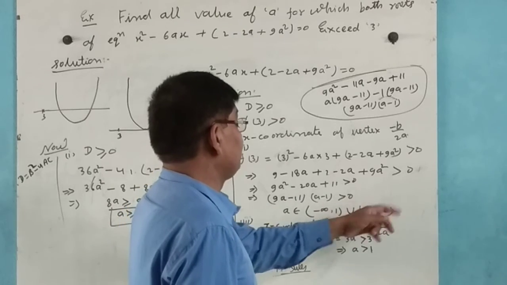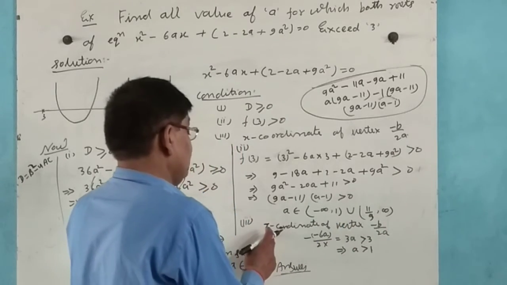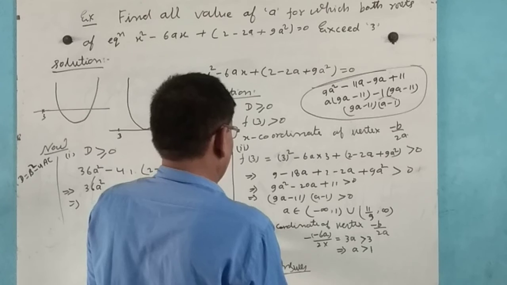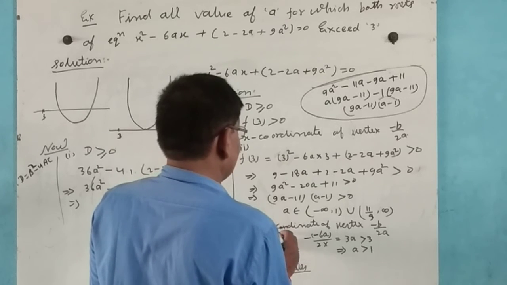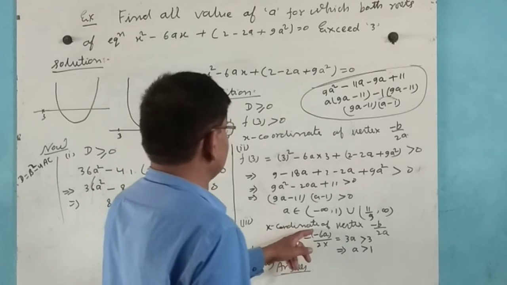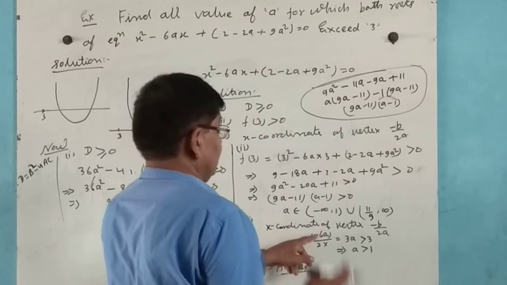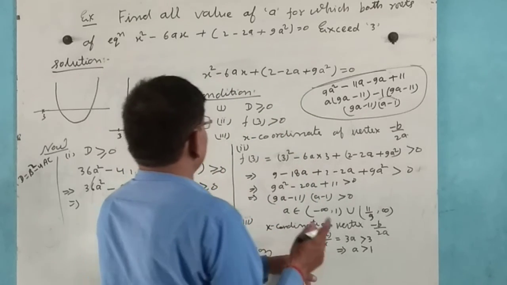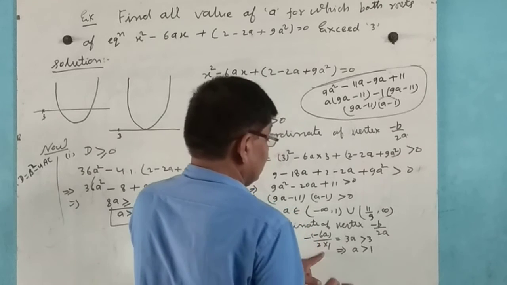11 by 9 to plus infinity. And now third condition, x coordinate of vertex is minus b by 2a, minus b equal to minus 6a by 2a equal to 2 into a equal to 1 here.